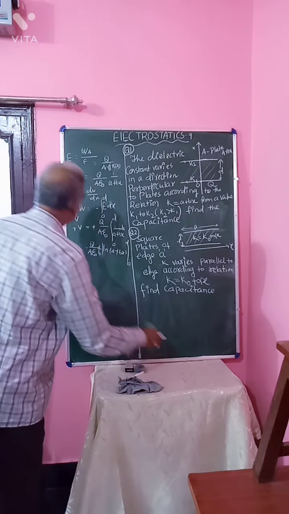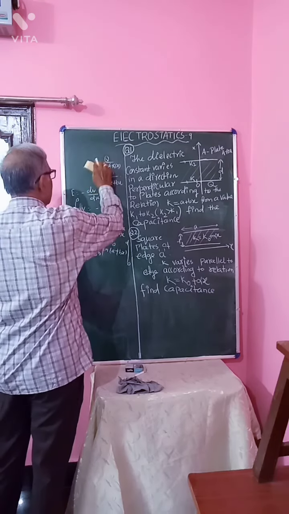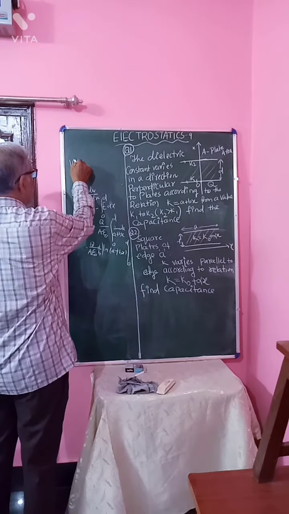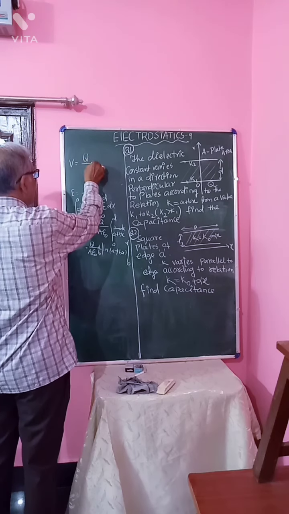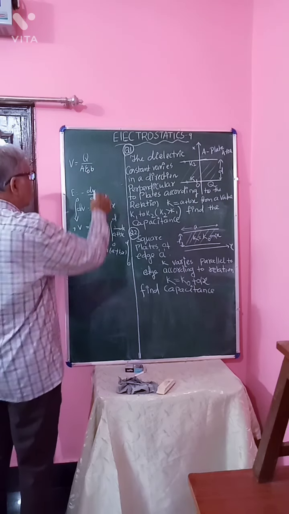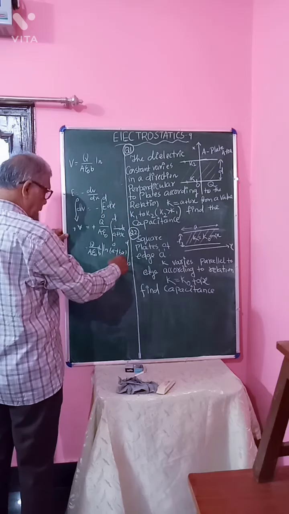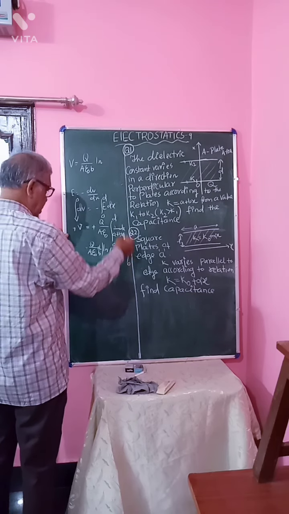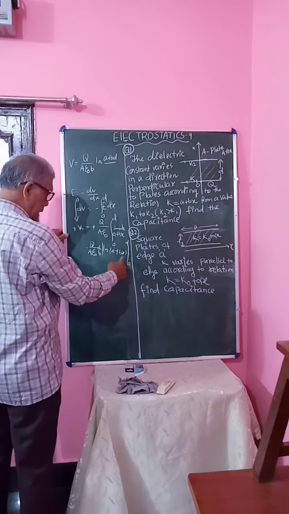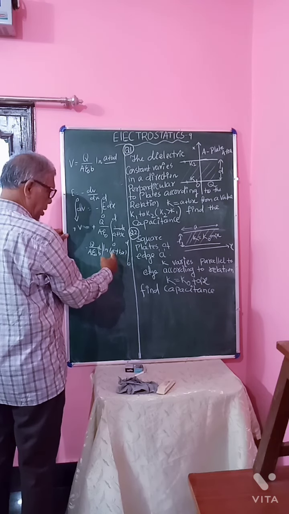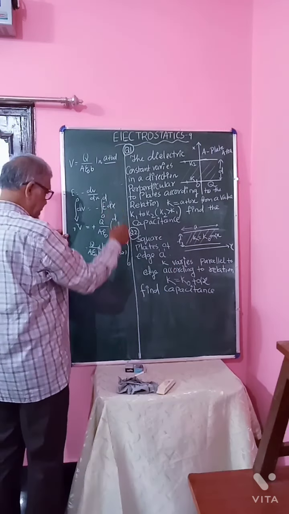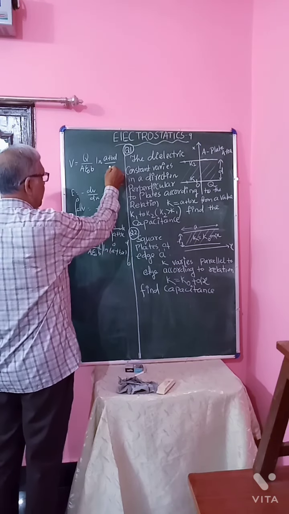So the potential difference is equal to Q by A epsilon 0 B, ln A plus BD minus ln A, that is ln of A plus BD by A.